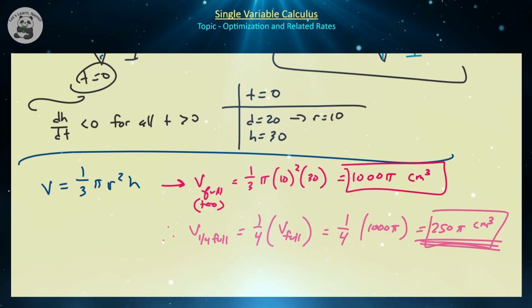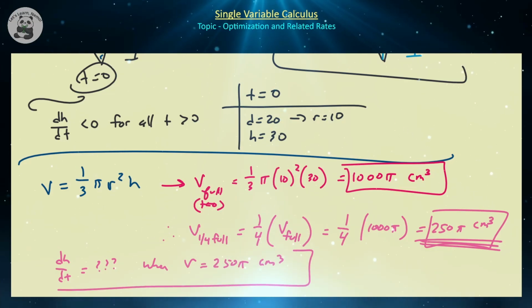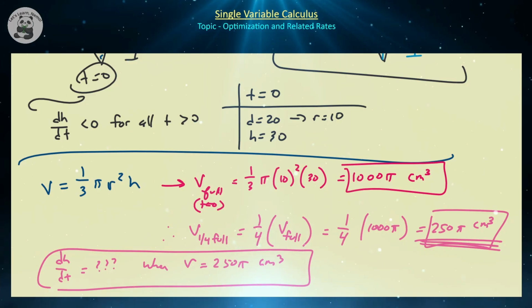So we know how full our cone is going to be. We just need to figure out how fast the depth of that cone is changing with respect to time. In particular, we want to find dh/dt when V is equal to 250 pi cubic centimeters, right? So that's the problem that we're aiming to solve, right?